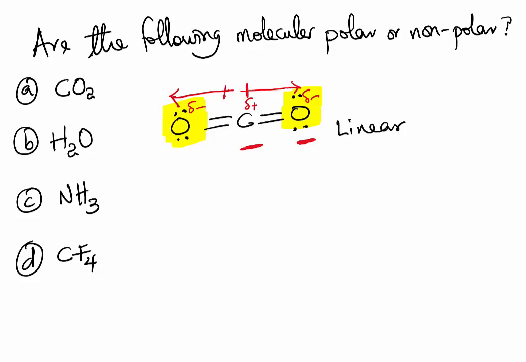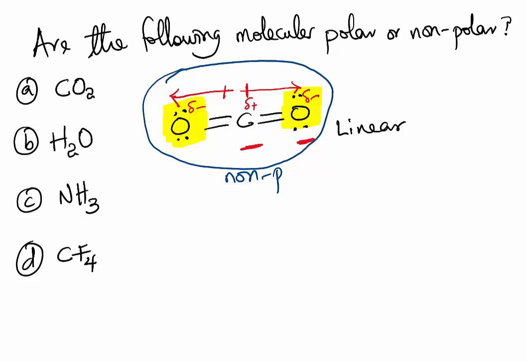So although we have some uneven distributions within the molecule, the overall molecule will still be non-polar because one side of the molecule is not more electron rich than the other side of the molecule, since in carbon dioxide both sides are equally rich. So CO2 is non-polar. Let us take a look at the second molecule here, water.